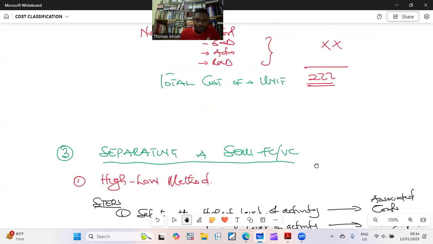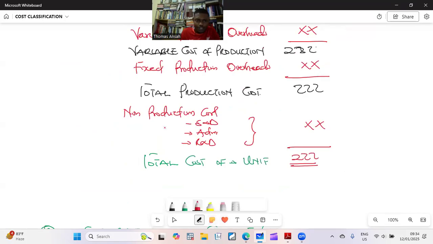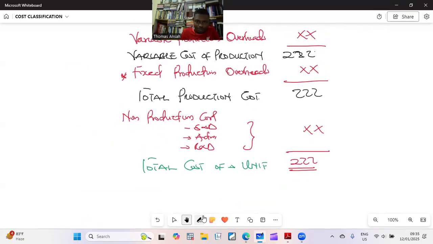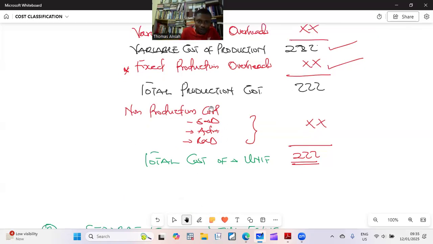There was a fixed cost part, which is constant, and the part that is not fixed, which varies with the level of activity. So to know the total production cost of a unit, you need a varying part and a non-varying part. So take note of that. Even these ones too can be fixed or varying depending on how it is.